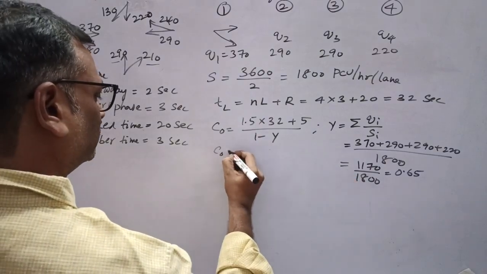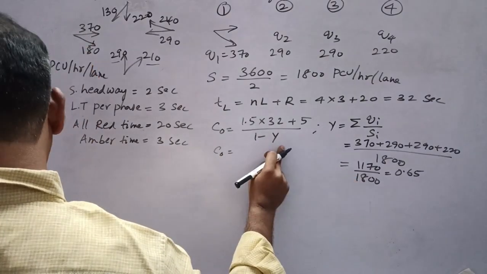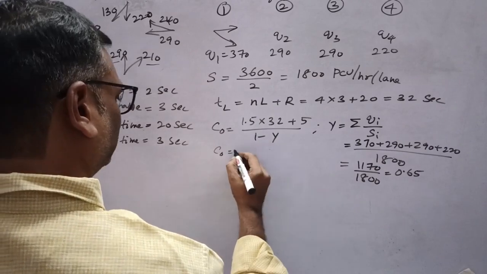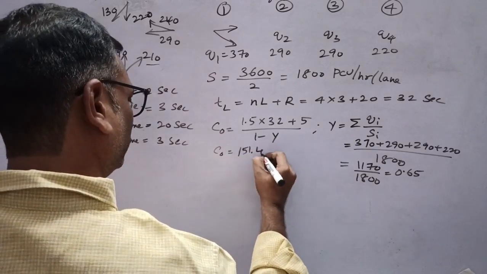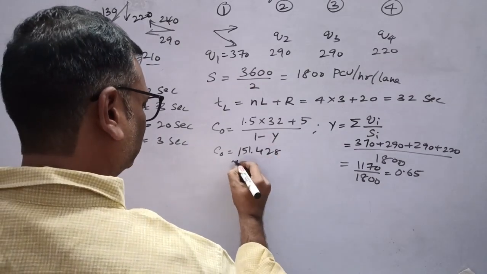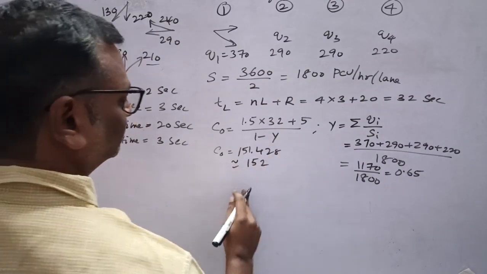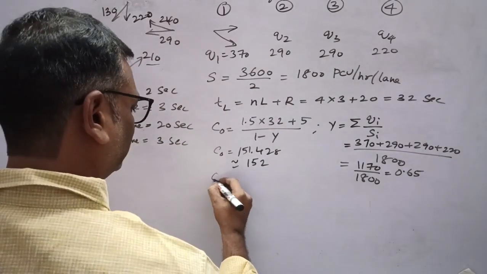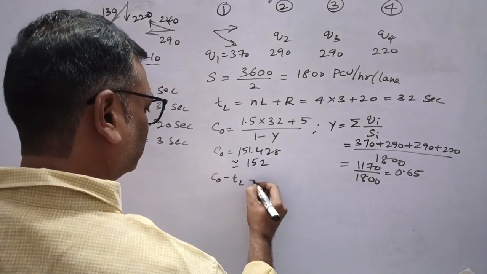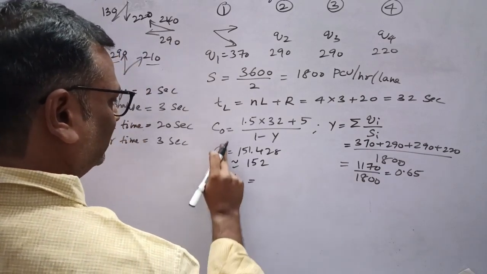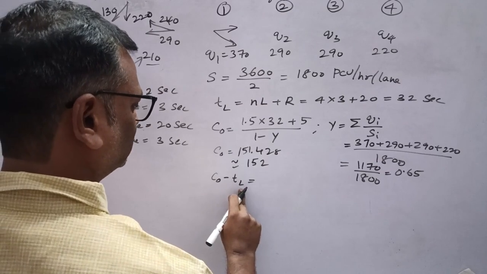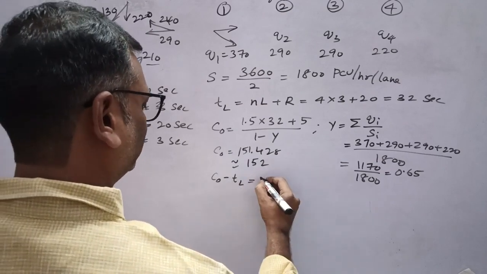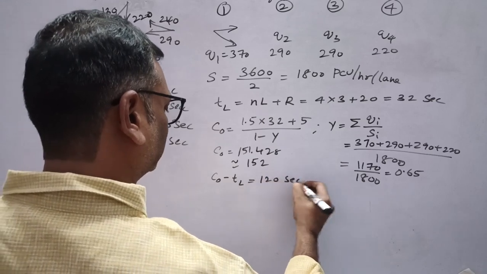So now if you substitute Y here, you get C as 151.428 seconds. So we take it as 152 seconds and calculate. So cycle length minus total lost time, we get 120 seconds.